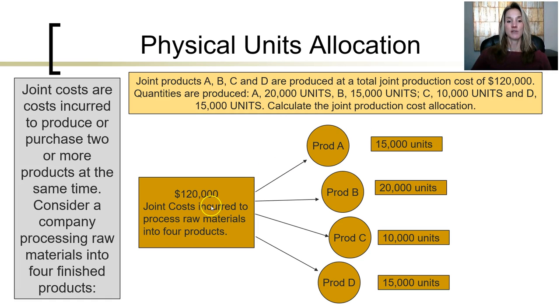Thus, the joint cost of $120,000 for the raw materials plus the processing costs need to somehow be allocated to the four products that it produces. Using the physical units measure, we look at the total physical units that are produced: 15,000 units of A, 20,000 units of B, 10,000 units of C, and 15,000 units of D are produced in the joint production process.